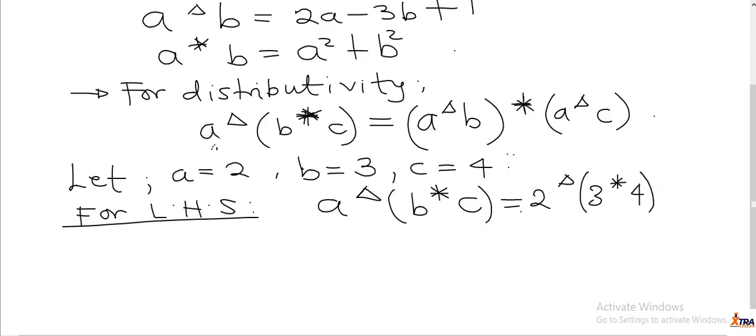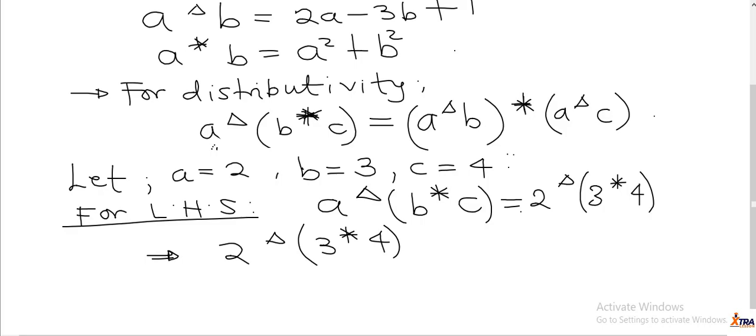I know that before I can work with this, I need to work with the ones in the bracket first. In the bracket here, I have 3 asterisk 4. Let's just take the overall view and continue with it. You have 2 triangle, 3 asterisk 4.